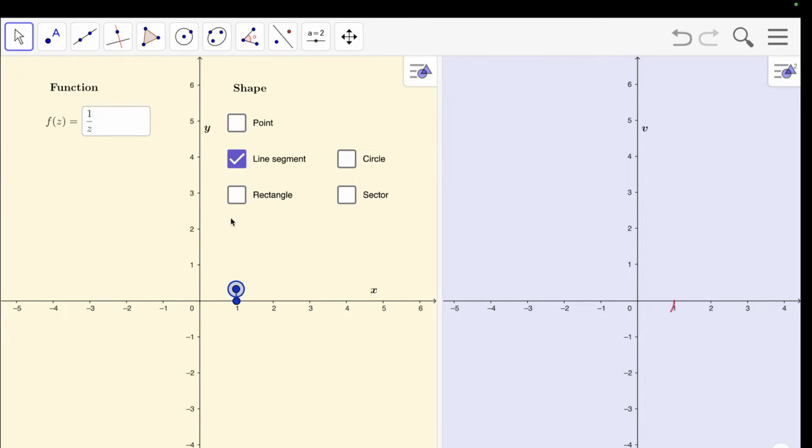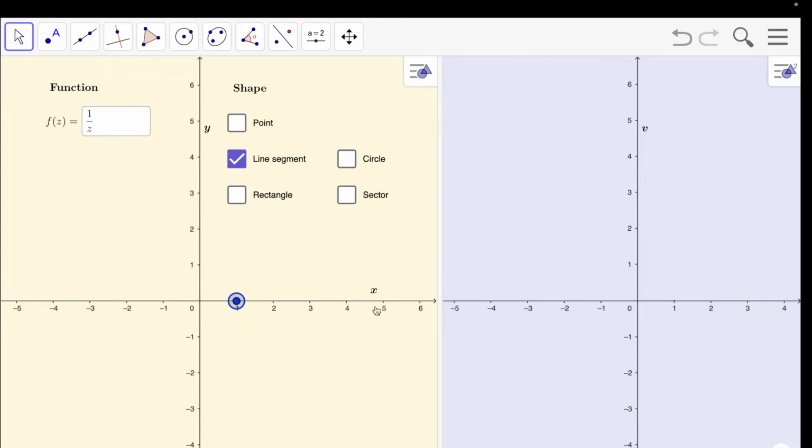On the left hand side, the yellow color is the Z plane, and this is the W plane. So first we choose this line segment, and this transformation W equal to f of Z equal to 1 by Z. You can change this. So this is the 1 by Z, and this is the point in the UV plane.